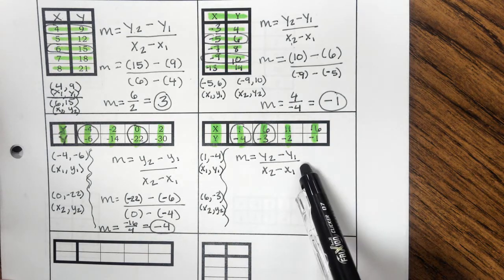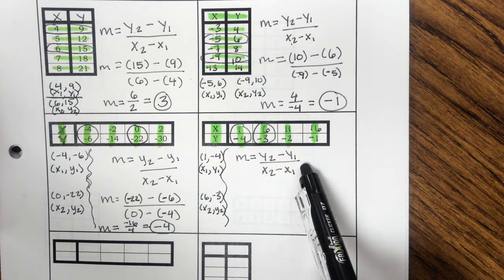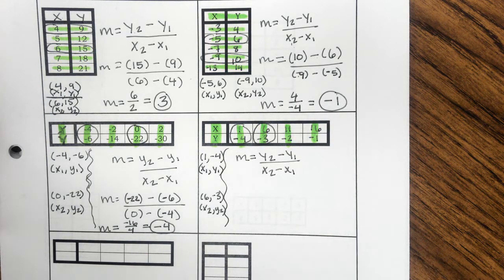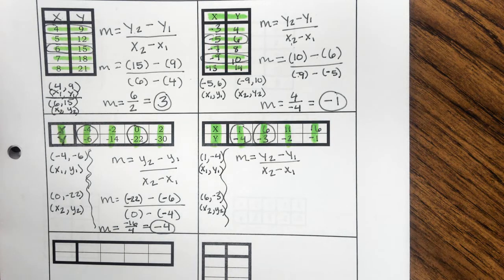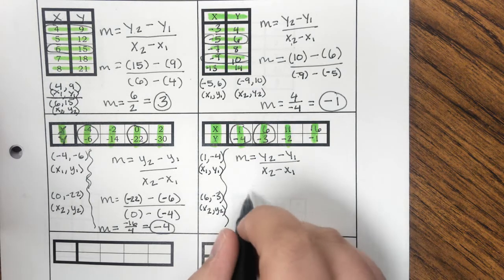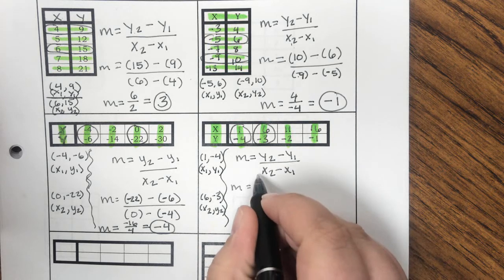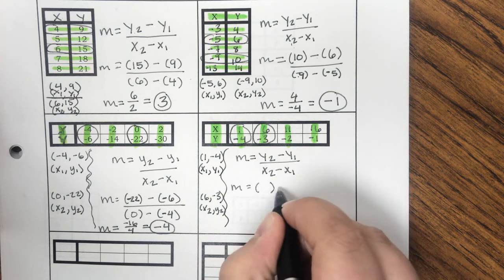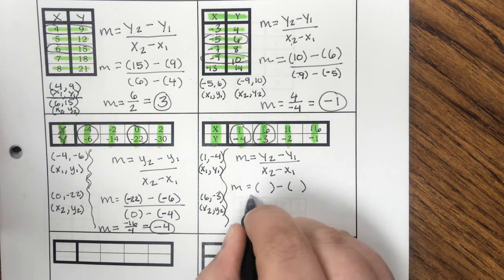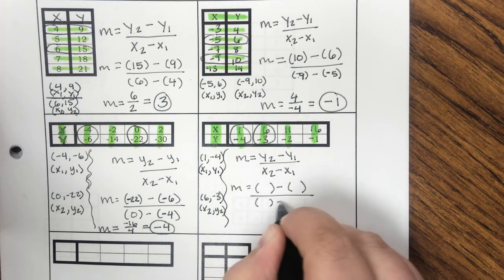We need to use the slope formula because we don't have a graph. And since we don't have a graph, we can't use rise over run and count each line. So we have to use the slope formula. I'm going to rewrite y2 minus y1 over x2 minus x1 using blank parentheses or bubbles in place of all the letters.